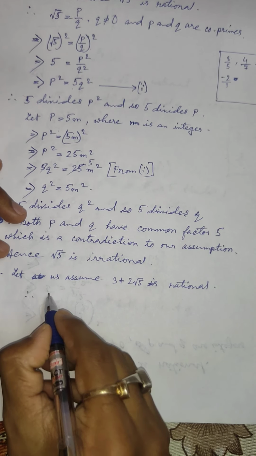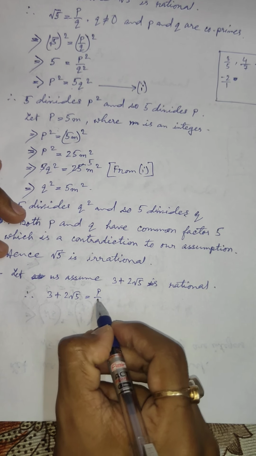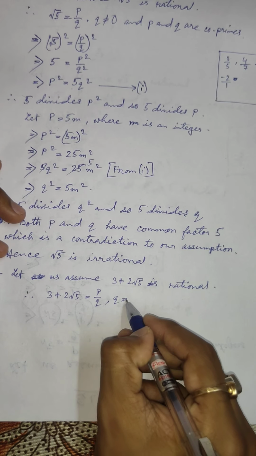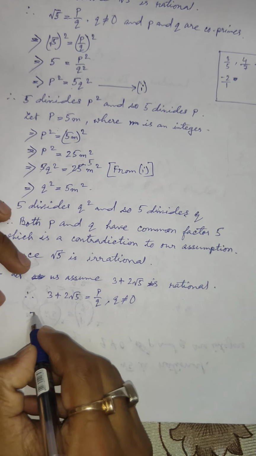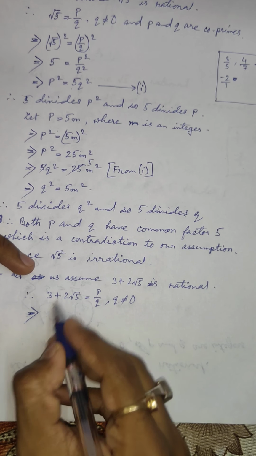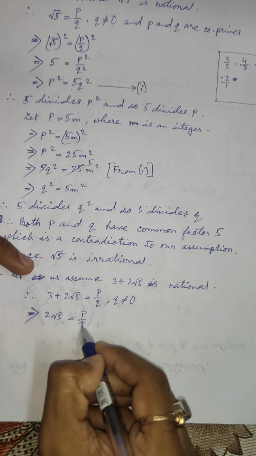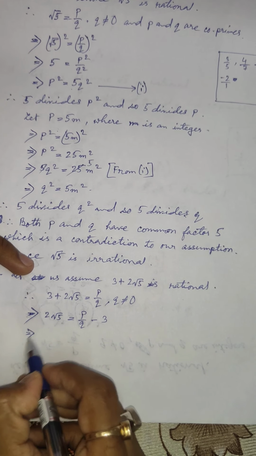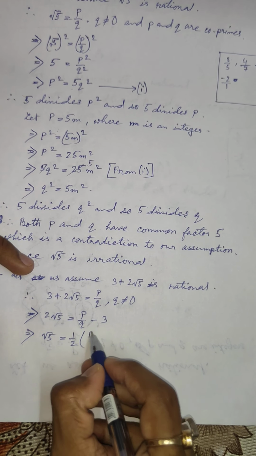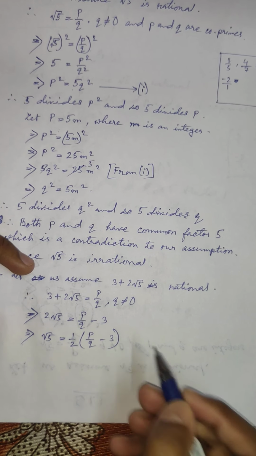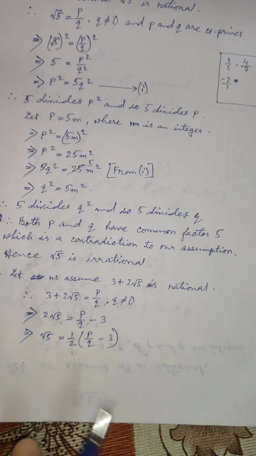Therefore 3 plus 2 root 5 is equal to p by q. Now 2 root 5 equals p by q minus 3. So root 5 equals 1 by 2 into p by q minus 3. I have just done the simplification to show the value of root 5.